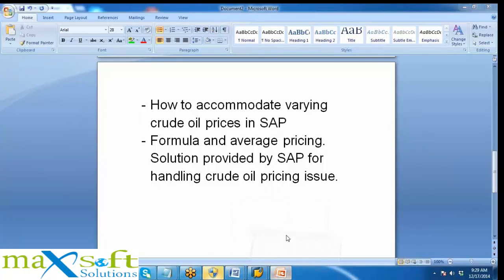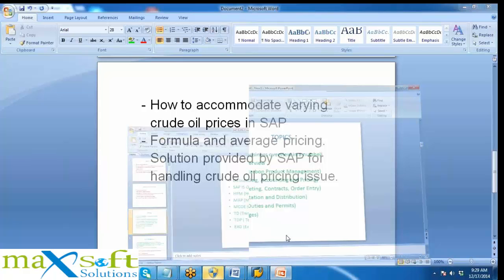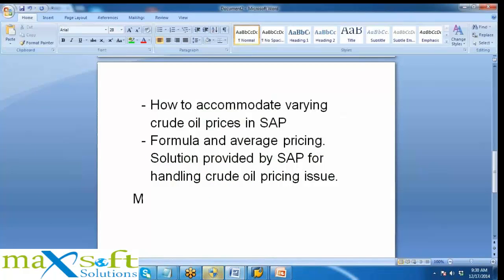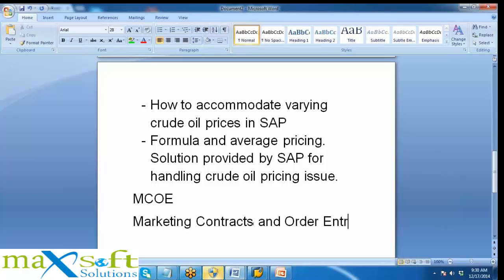And the next topic is MCOE. The name suggests that it is marketing contracts and order entry.